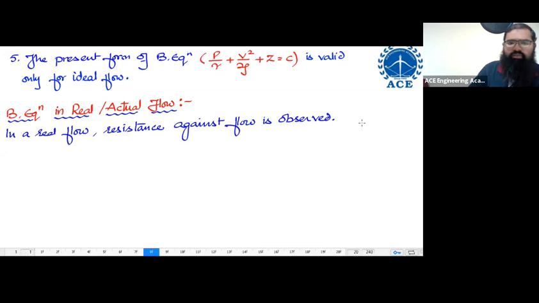Now what will happen if resistance is there? Whenever resistance is there, you will try to give away some amount and move further. Ask yourself, are you desiring to give that amount? No, you're not desiring to give that amount.